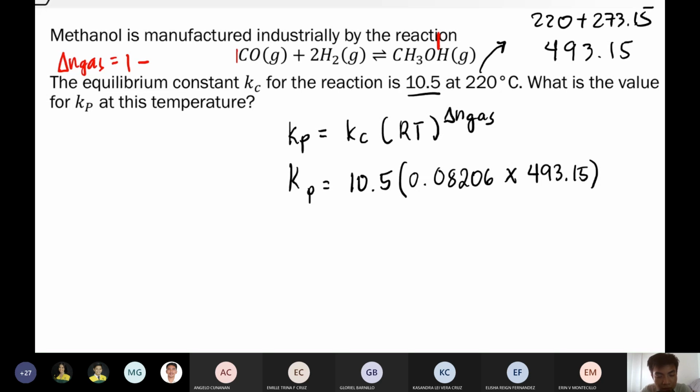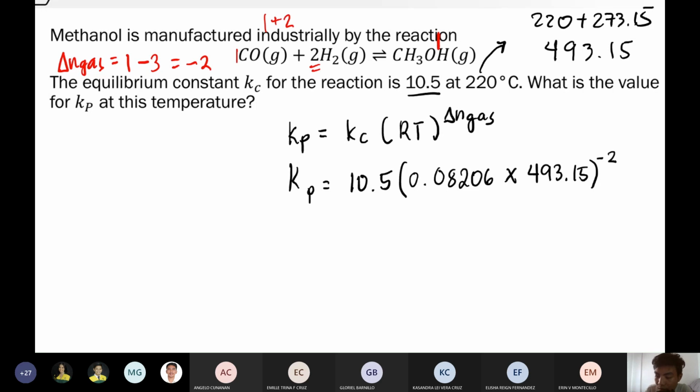We have 1 for the carbon monoxide and 2 for the hydrogen. 1 plus 2 is 3. Okay, so to get delta n gas, that is product minus reactant. 1 minus 3, negative 2. Okay, so we plug it here. Siya yung magiging exponent ng ating quantity. And we solve for the Kp.